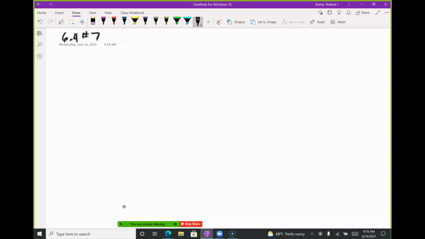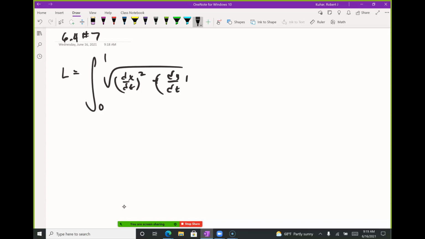And I have to find the length of the curve, right? So the length is from 0 to 1 of the square root of (dx/dt) squared plus (dy/dt) squared dt, where x is 1 plus 3t squared and y equals 4 plus 2t cubed.